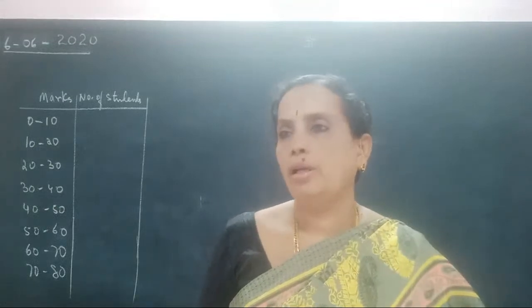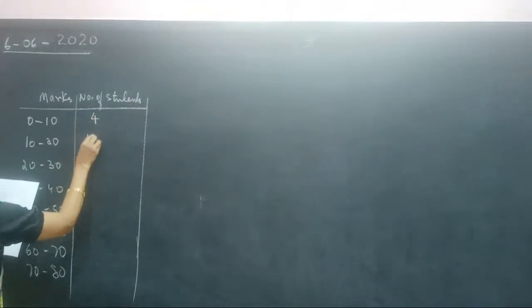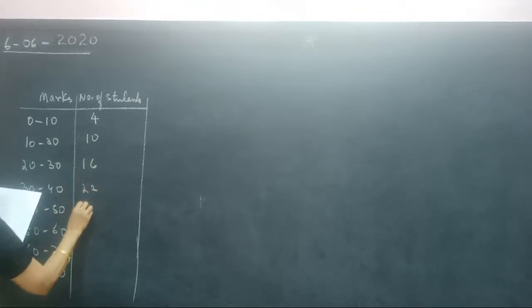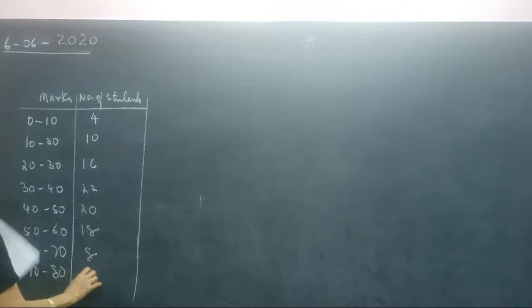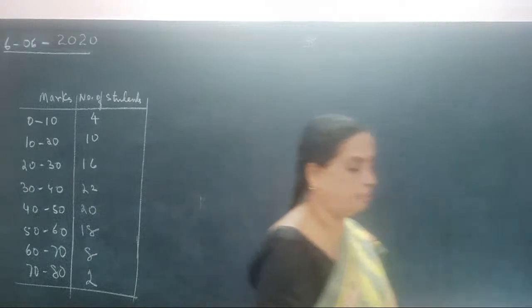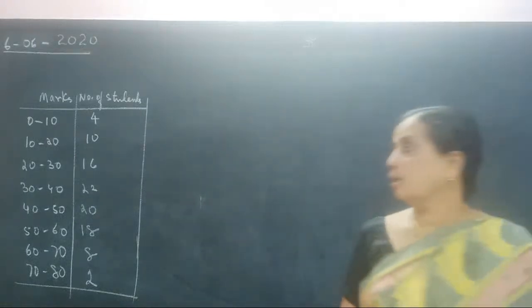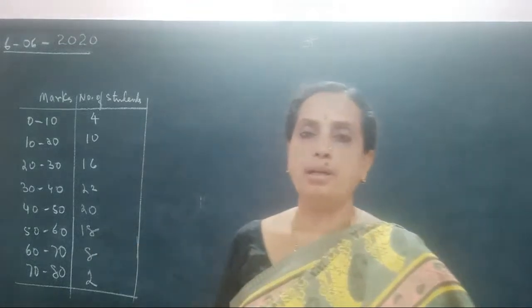Now get the corresponding frequencies. The frequencies are 4, 10, 16, 22, 20, 18, 8 and 2. Before moving to the graphical part, first check whether the class sizes of the class intervals are uniform or equal.